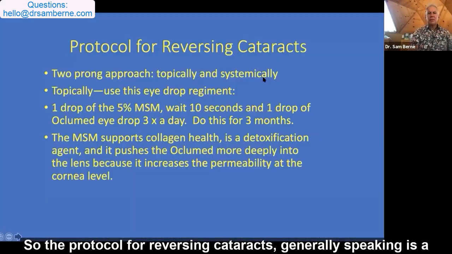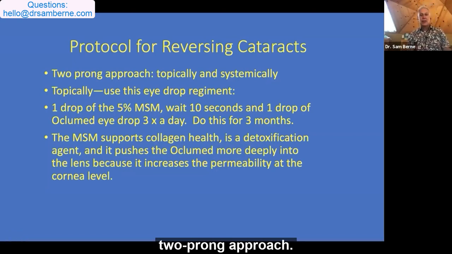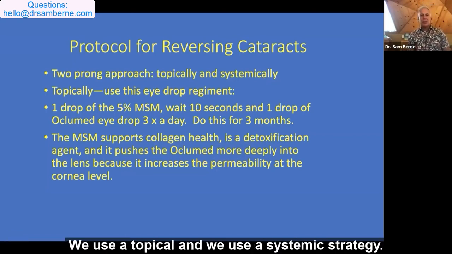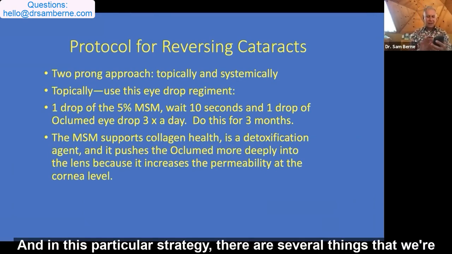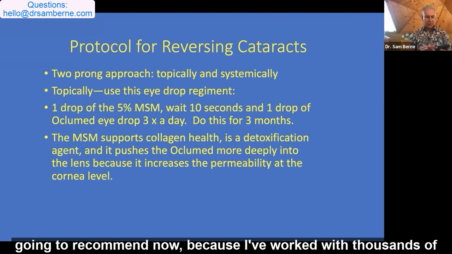So the protocol for reversing cataracts, generally speaking, is a two-prong approach. We use a topical and we use a systemic strategy. And in this particular strategy, there are several things that we're going to recommend.